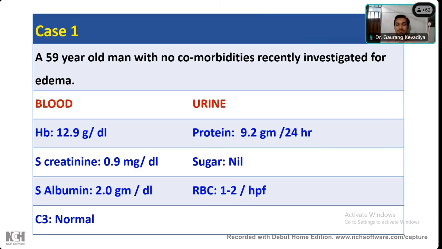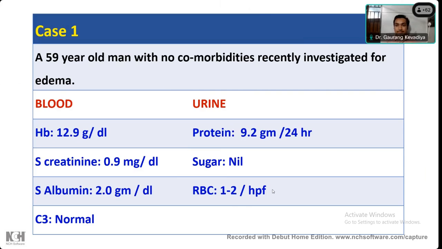On urinary examination, we can see protein 9.2 gram per 24 hours, which is nephrotic range protein, and a few occasional RBCs. With nil sugar, so no diabetic cause. This can be due to a nephrotic cause with edema.